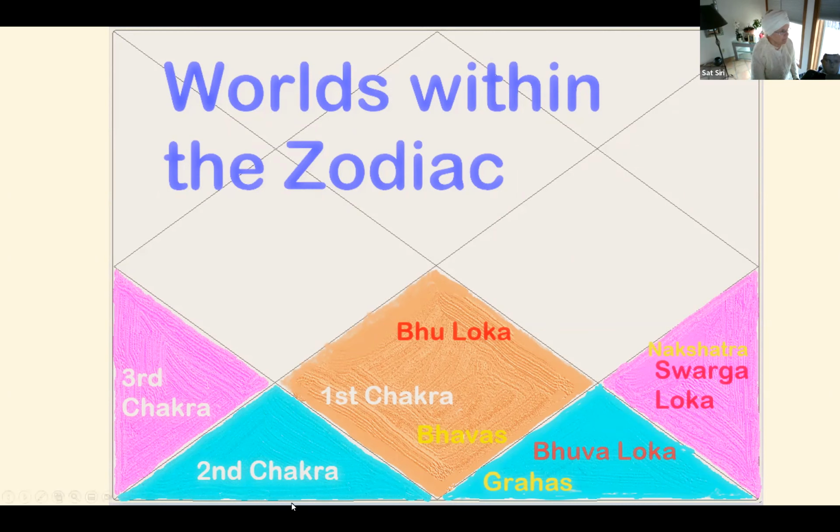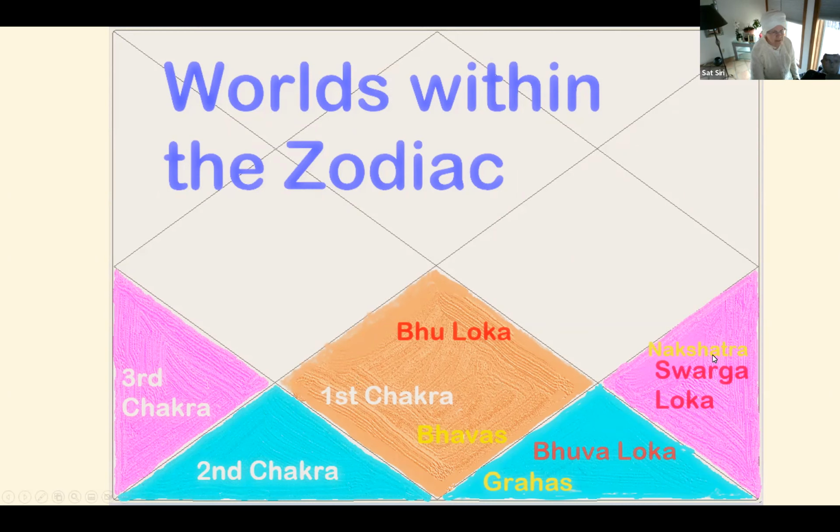So this Manipura chakra, the navel chakra, relates to Swarga, and this is the highest level that normal humans get to. And this is where the fixed stars are orbiting around the Nabi or navel of Mahavishnu.